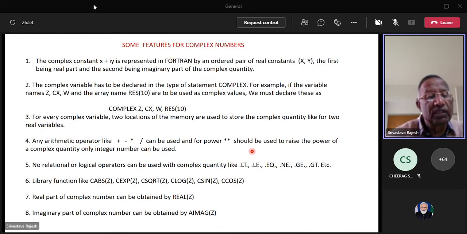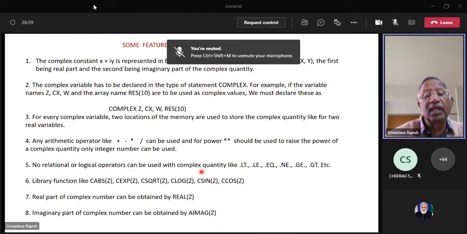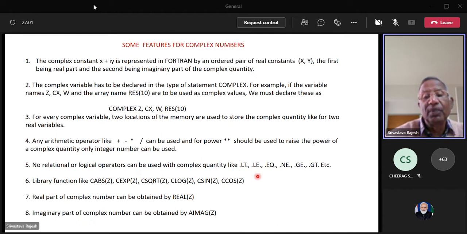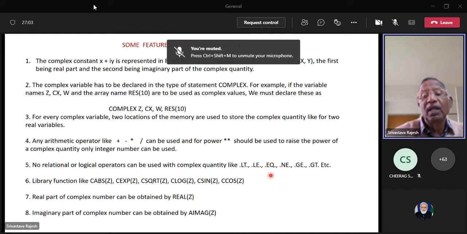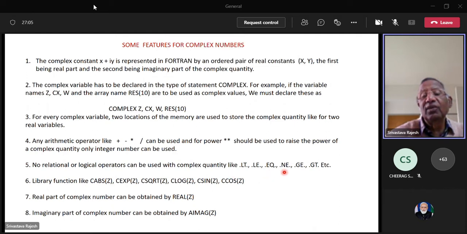So never do this. Another thing, no relational or logical operator can be used with complex quantities. You cannot use less than, equal. It's common sense. Like for a quantity like 2.3i, I cannot say check whether it is less than another quantity, because how can you compare two complex quantities?